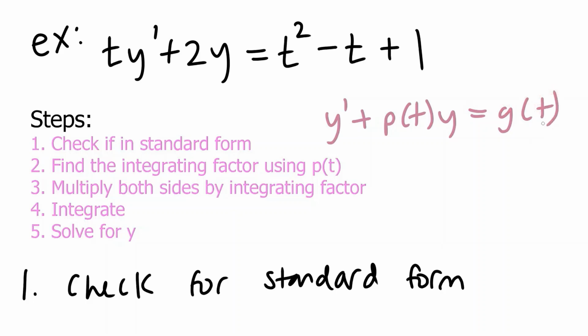We can clearly see that this equation is not in standard form because we have a t in front of our y prime. So we can try to put this in standard form, and the easy way to do that is to divide everything by t.